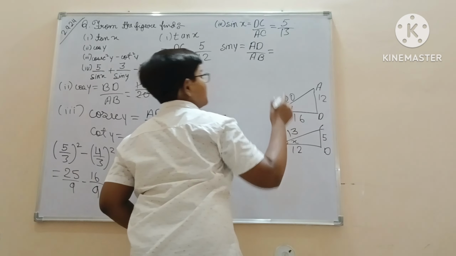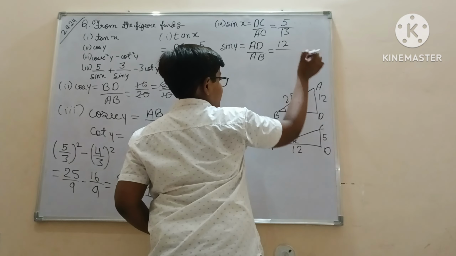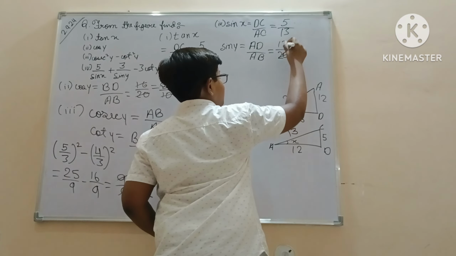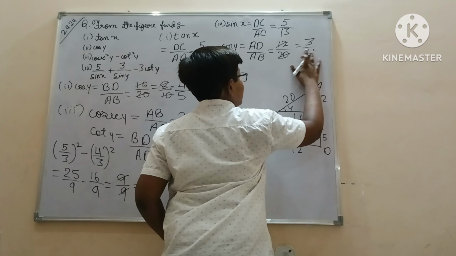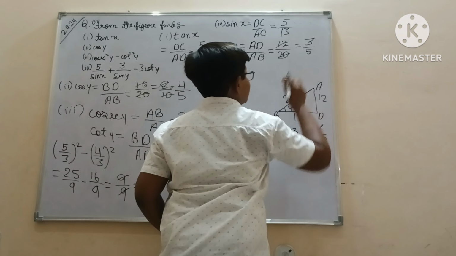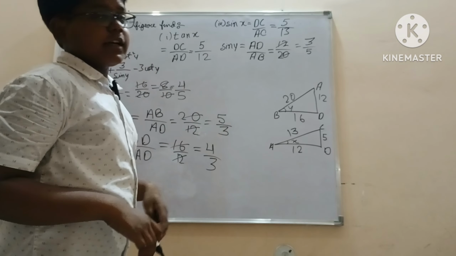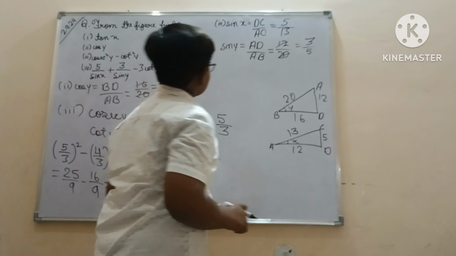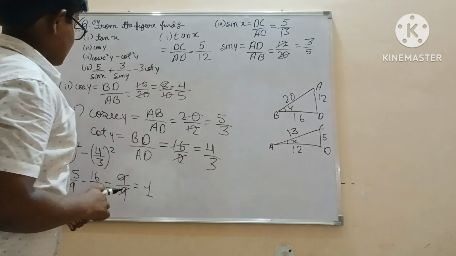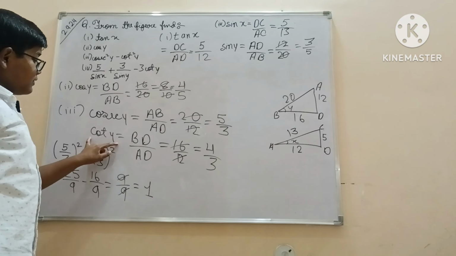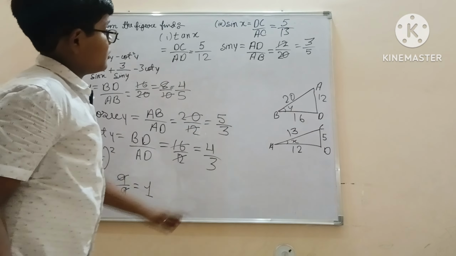So height, which is AD, is 12 and hypotenuse is 20. This will be cancelled by 4, which will give us 4 3s are 12 and 4 5s are 20. Now we have got a value of sin y as 3 divided by 5. Now we have to find the value of cot y. So cot y's value we have found already, which is 4 divided by 3.